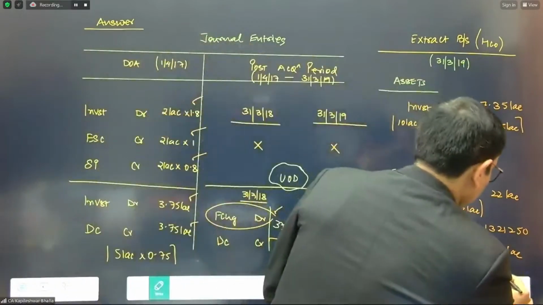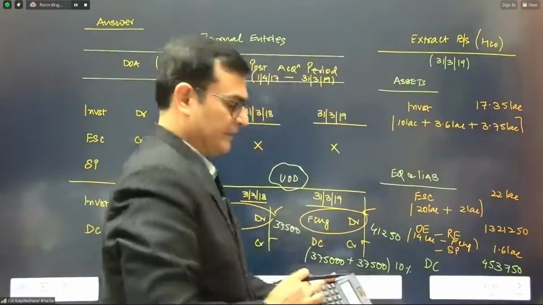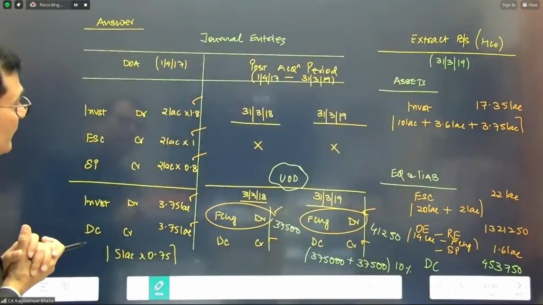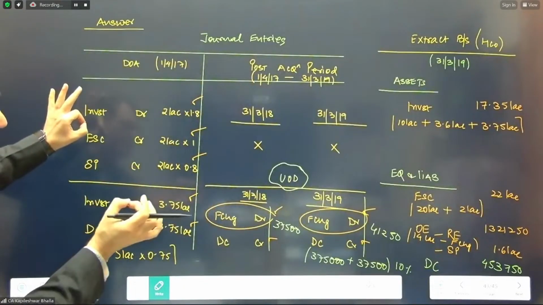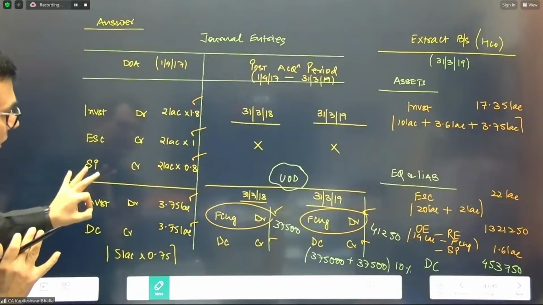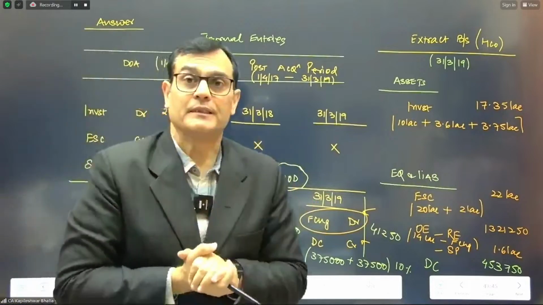It is appearing in the balance sheet at 4,53,750. This is DC. I guess all the entries are now incorporated. Investment stands changed. Share capital and premium stand changed. DC stands changed. And the finance charge has taken a hit on the retained earnings.